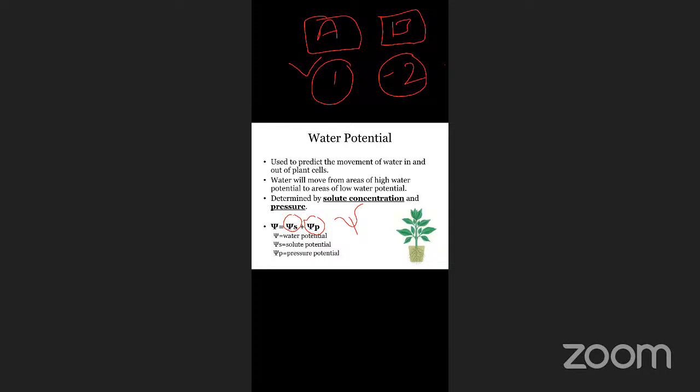So now tell me, according to water potential, water moves from 1 to -2. That means from which cell to which cell? From A to B. Right, from A to B. That's it. So this is water potential. Any doubt in this water potential?